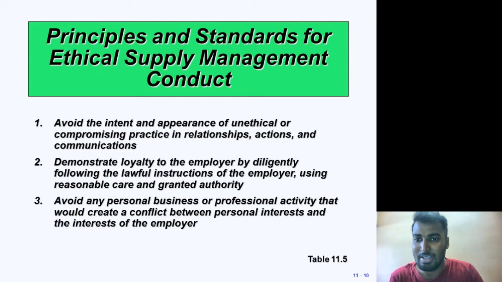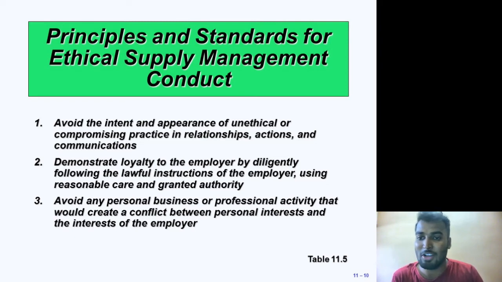Some of the things we need to avoid during supply chain management are unethical actions like unethical relationships and communications, and even the intention of showing them has to be avoided.